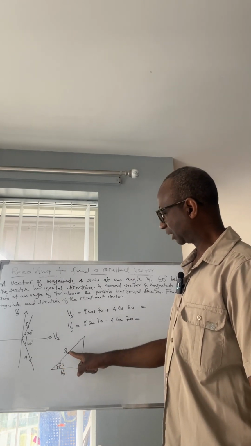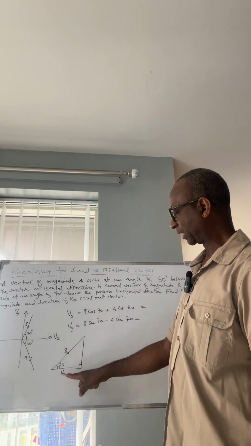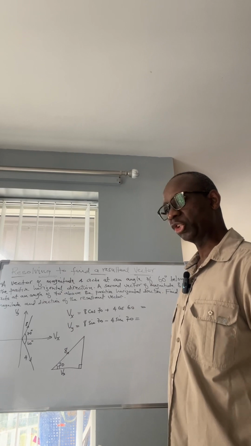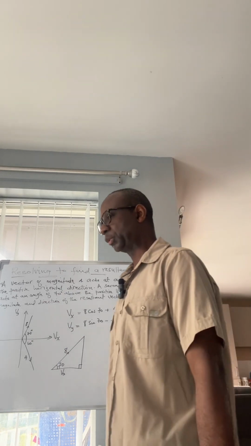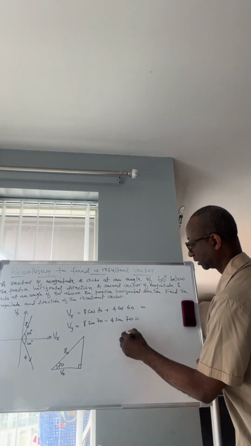You got the hypotenuse side and you want to find the adjacent, and you have an angle. So what trig function should you use? You use the cosine.